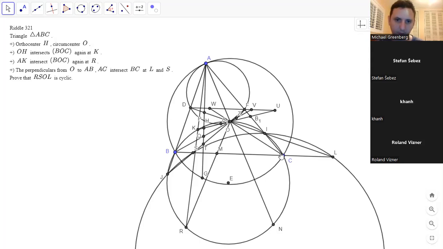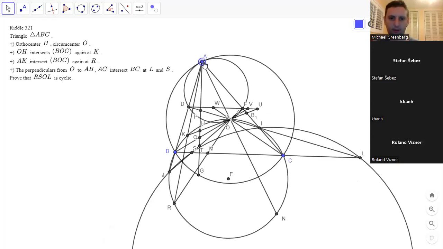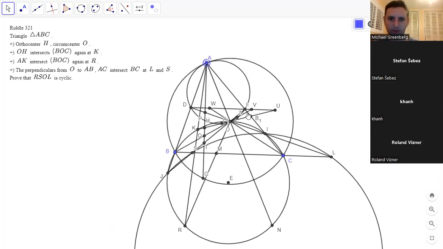B1CF, and what am I missing here? Just the intersection of BO with AC. Well, yeah, I think this point, right? And then, yeah, so we could just take this point right here.